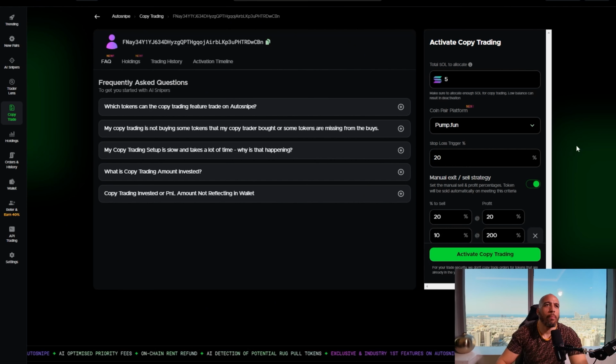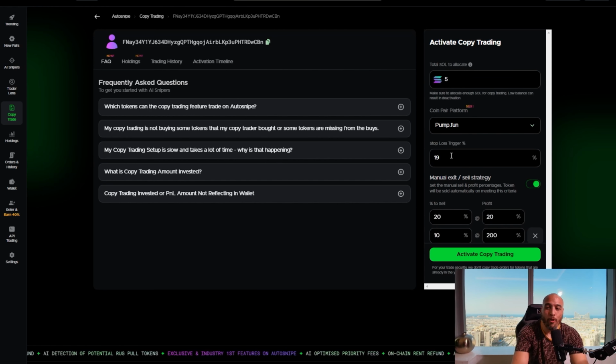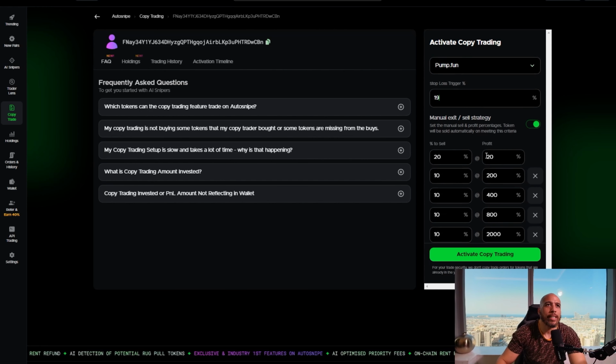If I'm going down 20%, it will automatically sell, which is actually pretty genius. Because if we 5x, we 5x our money, or 10x, and we'll obviously check his wallet to see his strategies, or we only lose 20%. So always have risk management.